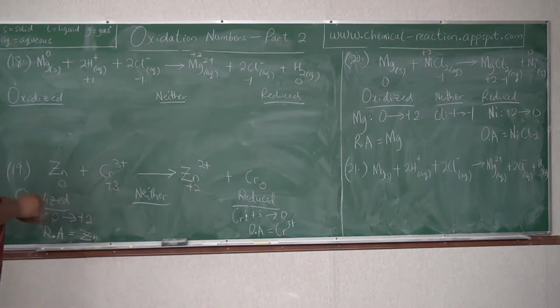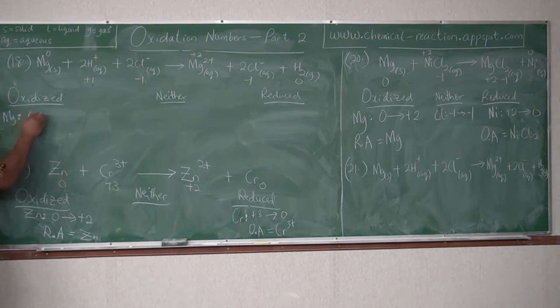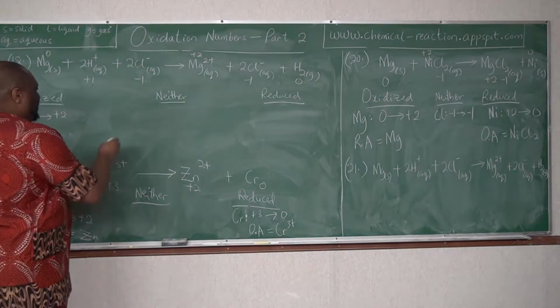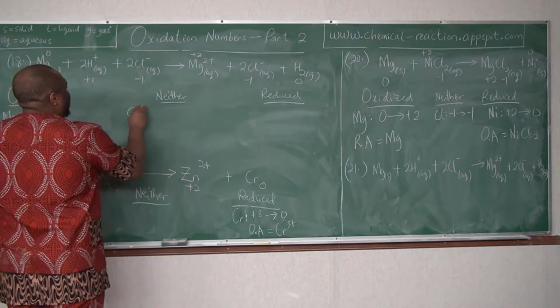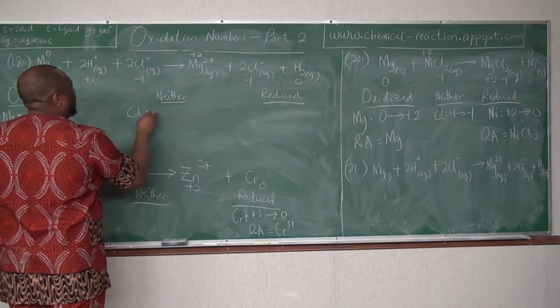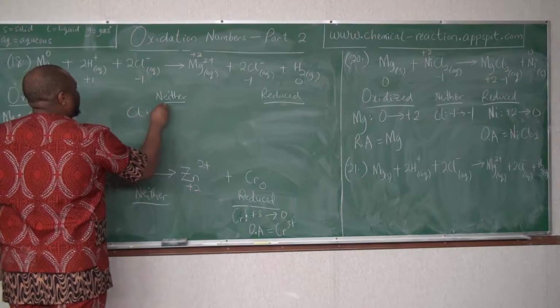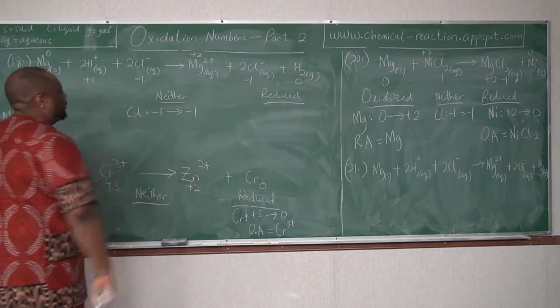So oxidized is magnesium. Magnesium was oxidized from 0 to +2. The reducing agent is solid magnesium. Neither is the chloride ion, so we're going to put chlorine from -1 to -1.